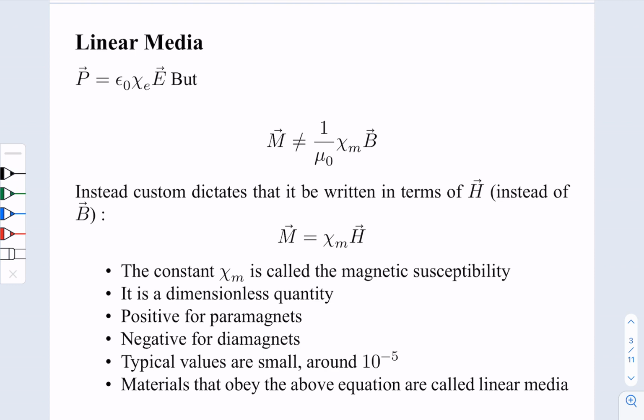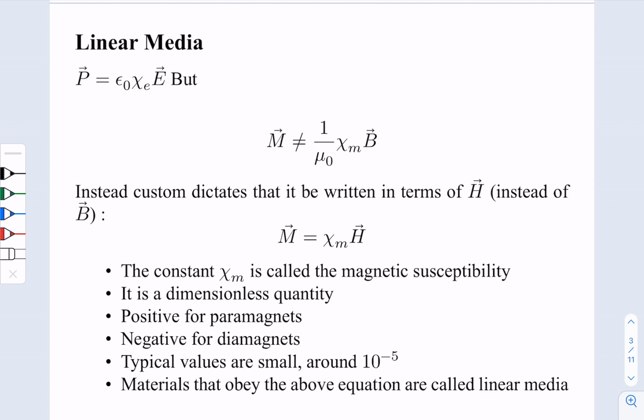Here, first I want to discuss the linear media. Just like the polarization vector is linear in terms of the electric field, the magnetization vector M can also be linear in terms of the magnetic field B.